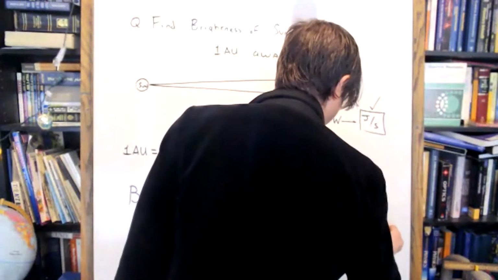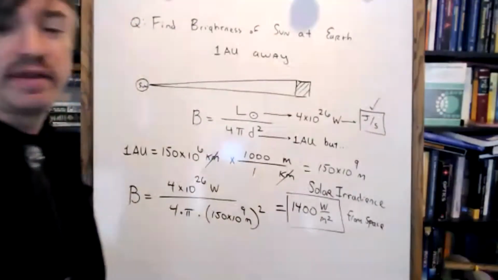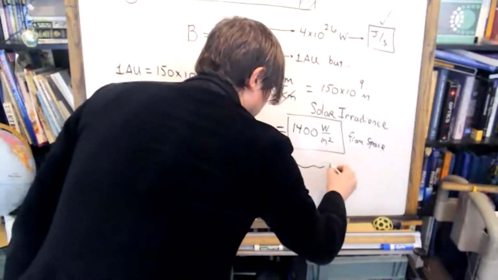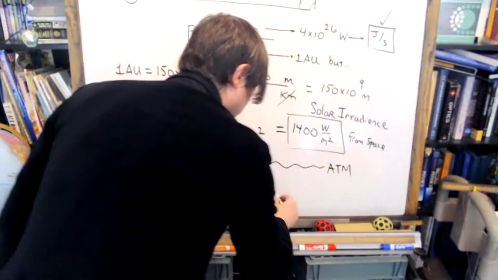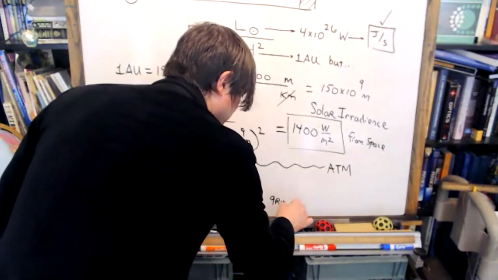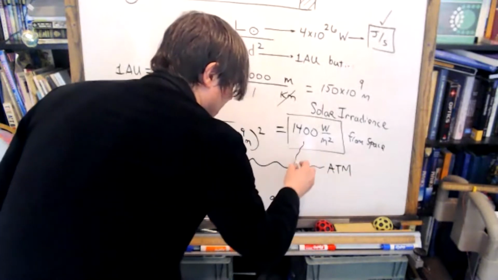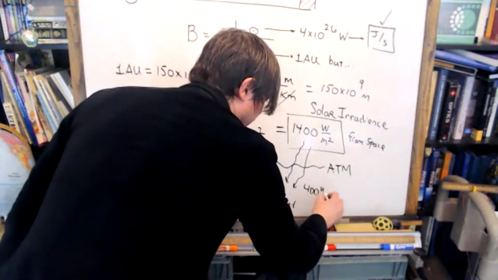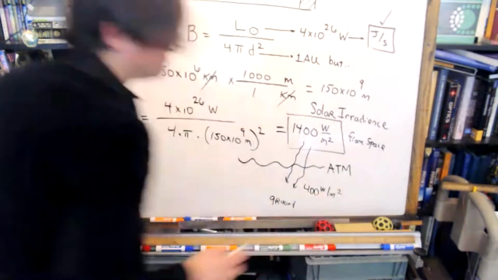And once that comes down through our atmosphere, guess what it's reduced to? So here's your atmosphere, and here's the ground. By the time that light gets down to the ground, it's been reduced to 400 watts per meter squared.